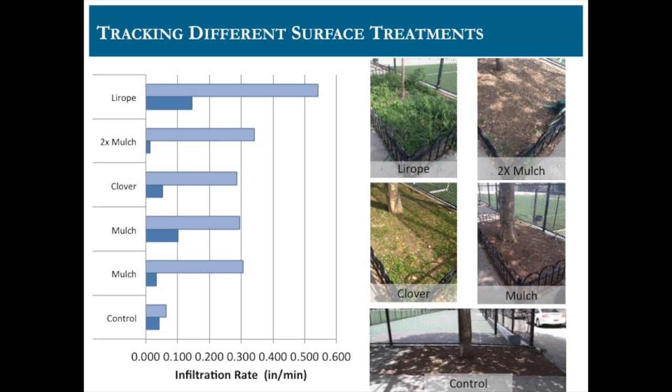This is only one year, and we're continuing to track them. But you can see the infiltration rate in all of the pits where we installed guards improved really drastically. So this represents very low-hanging fruit for municipalities to help use what's already here.